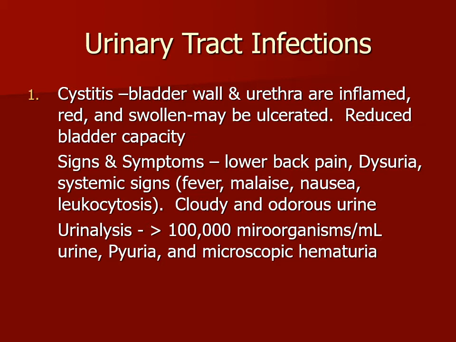Systemic signs: fever, malaise, nausea, leukocytosis. Urine presents as cloudy and very odorous. And when you do a urinalysis, you will see over 100,000 microorganisms per milliliter in the urine. Pyuria and microscopic hematuria are also present.